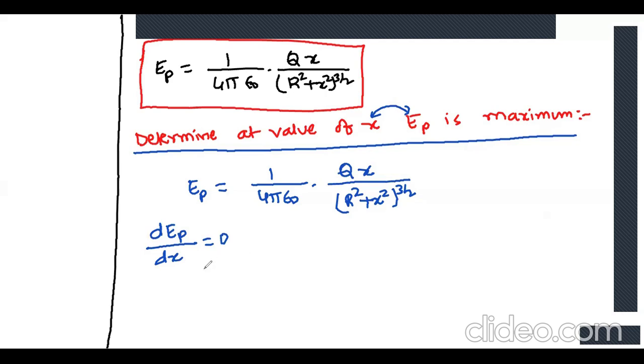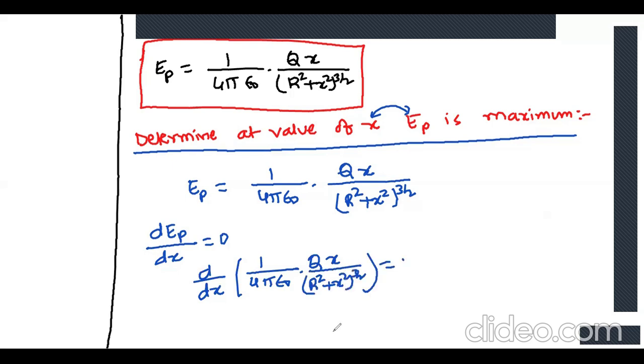Differentiate it: d by dx of 1 by 4 pi epsilon naught Qx by r square plus x square whole power 3 by 2 equals 0.